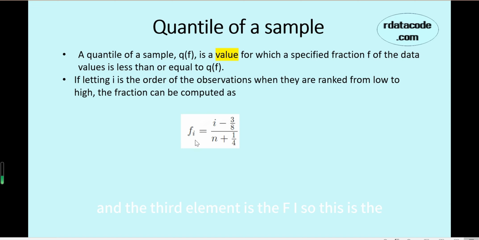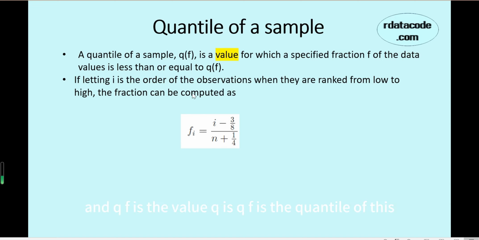The third element is Fi. This is the fraction of the data below this level, that is, less than or equal to this level. So the second number of 10 numbers has about 20% of the data lower than or equal to this value, so this Fi is 0.2.